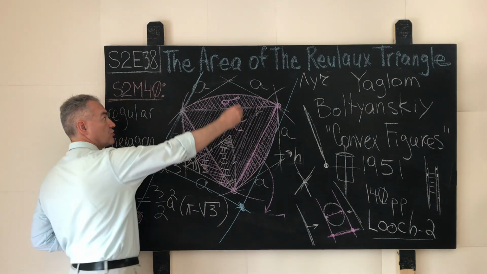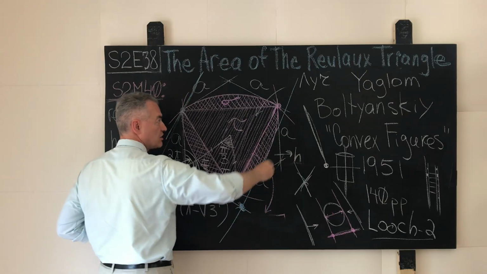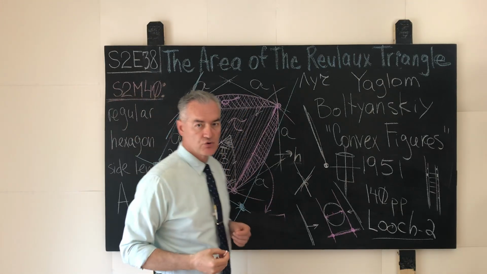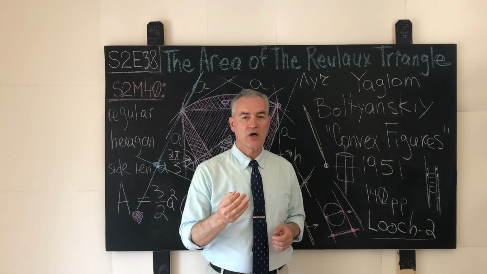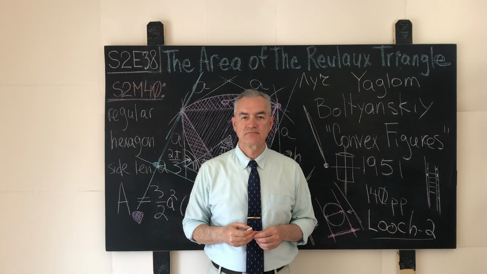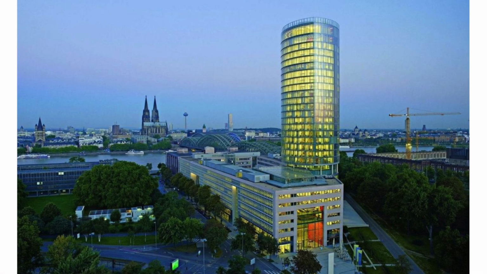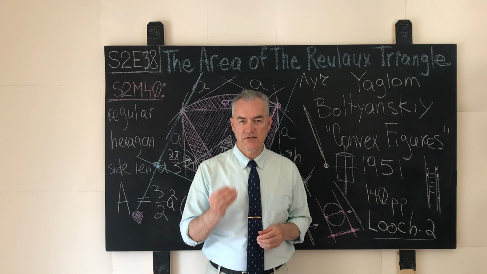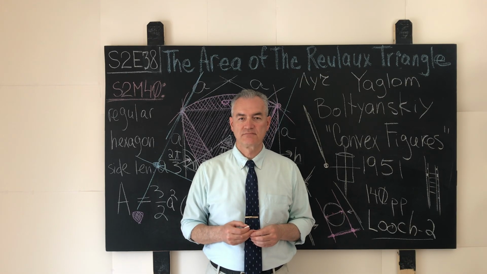Precisely the cross section of such an experiment will be exactly an incarnation of a Reuleaux triangle. And here is one view of the tower. And here is another view of the same tower.